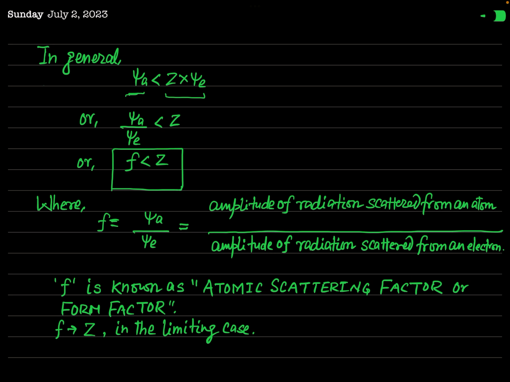So you can say that psi a divided by psi e is in general less than Z, where Z is the total number of electrons in the atom.